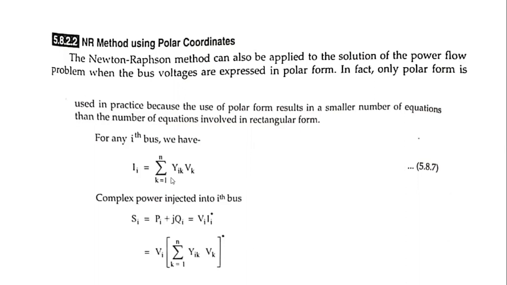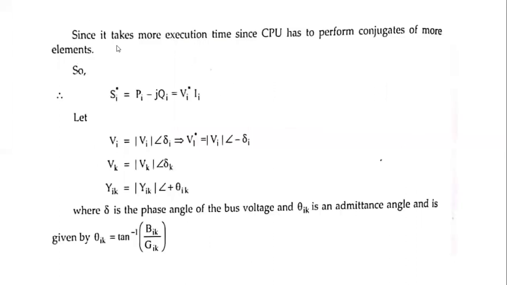Substituting the Ii value, that is equal to Vi into sigma k equal to 1 to n Yik Vk conjugate. Since it takes more execution time, since the CPU has to perform the conjugates of more elements.